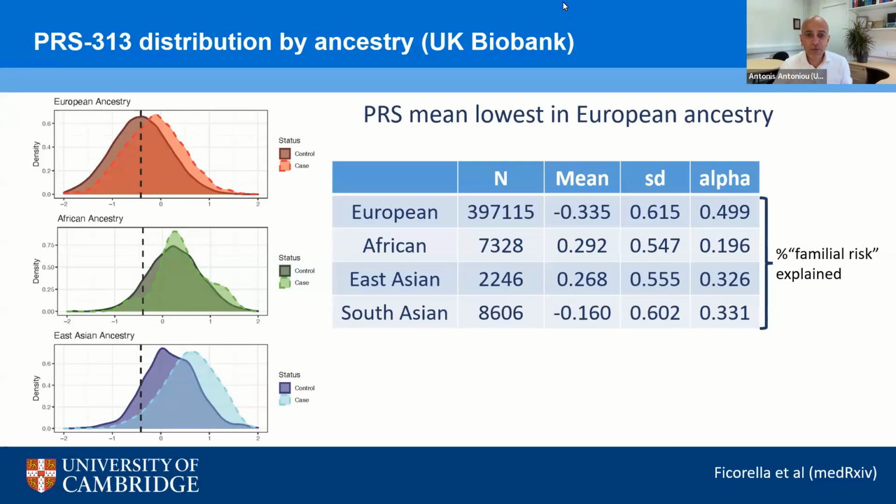And then we also take into account the differences in the distributions of the polygenic scores, which you can see on the left-hand side plots. We can see, for example, that the mean PRS is lowest among European ancestry women, but highest among African and East Asian ancestry women. These differences are important because when we input these PRSs in the model, we need to calculate the standardized score, the Z scores, and we need the mean and the standard deviations.